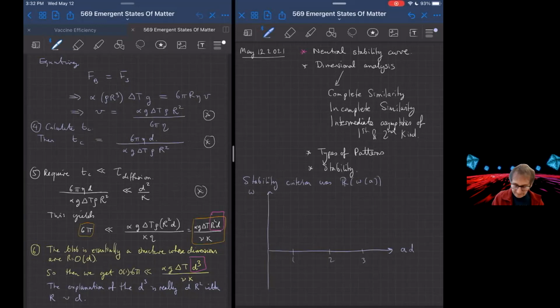A was essentially a wave vector in the transverse direction. So let's call this a wave vector in xy. Okay, so we'll label these axes like so.